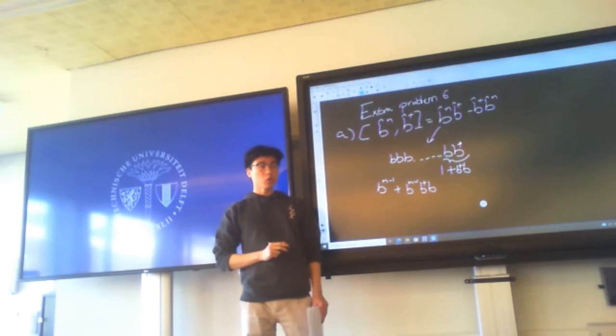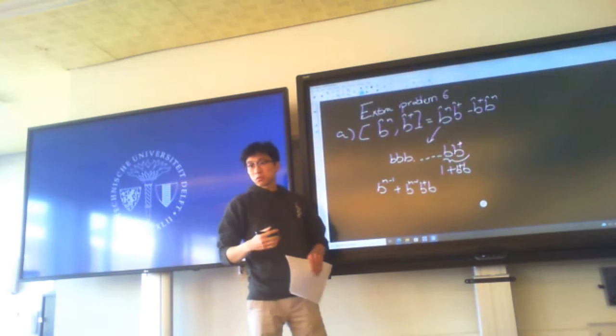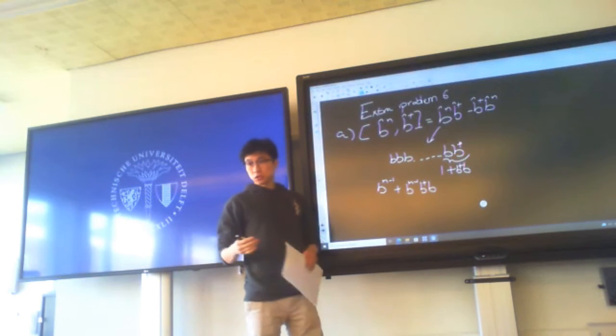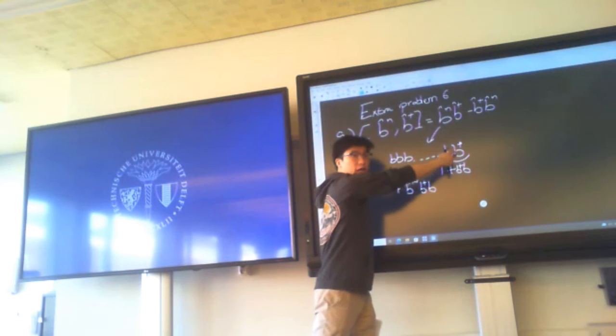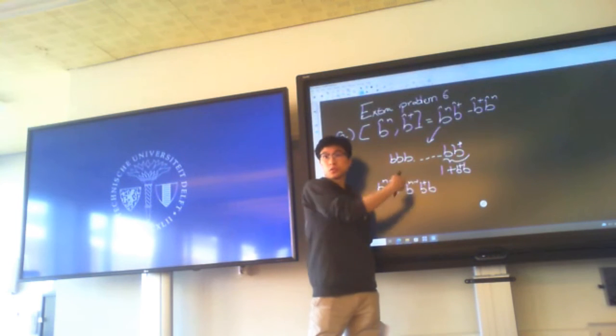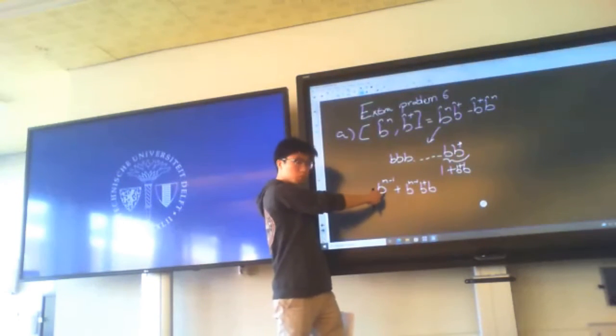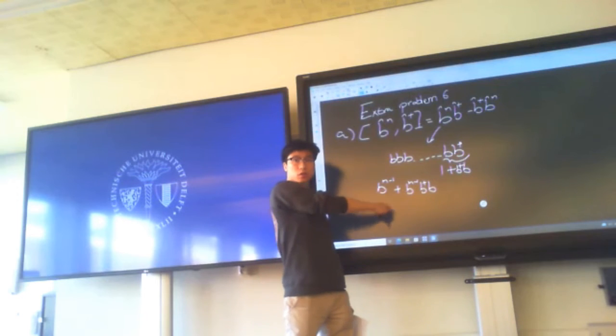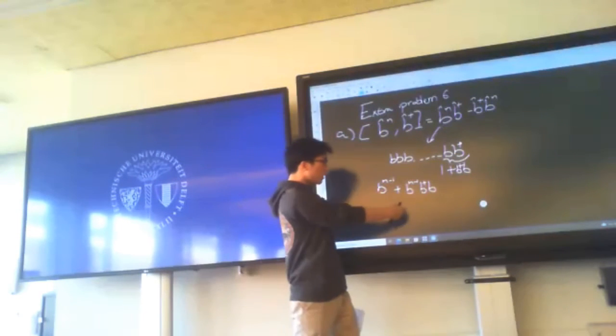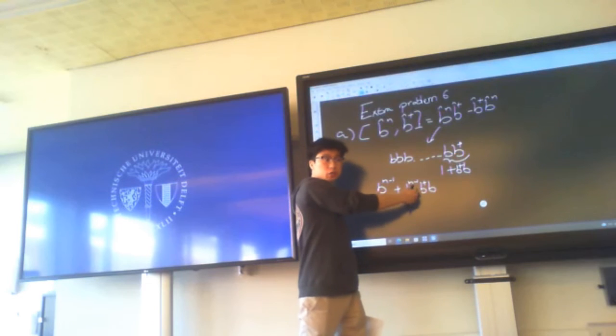So you already sort of see every time that you try to swap B dagger one place to the right, you get two terms. You get one term B to the power n minus 1, and in the second term B dagger has moved one place to the left.